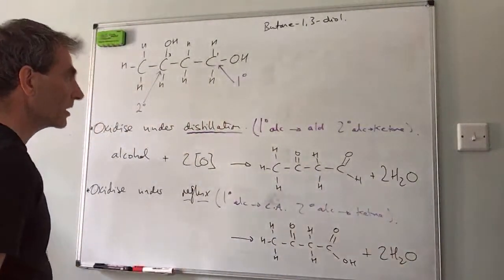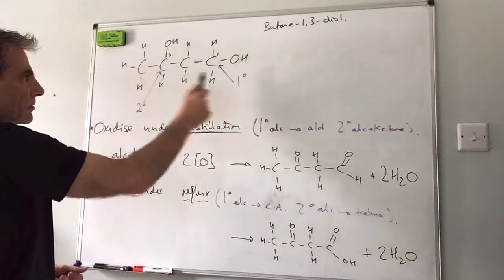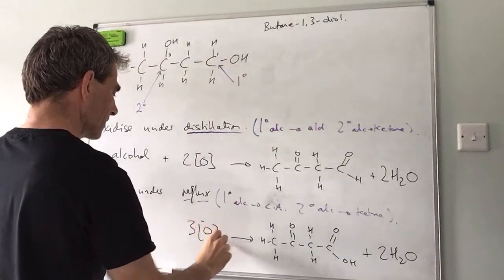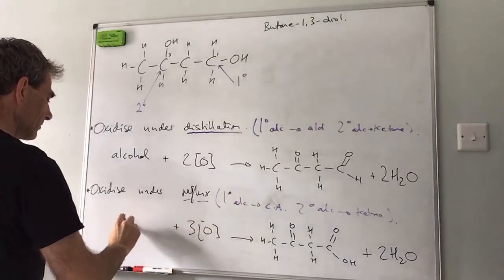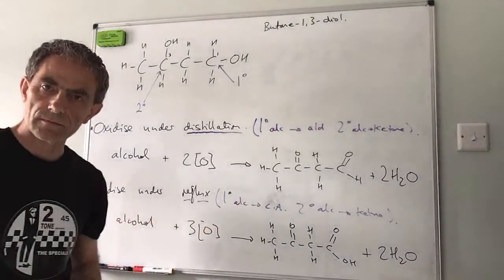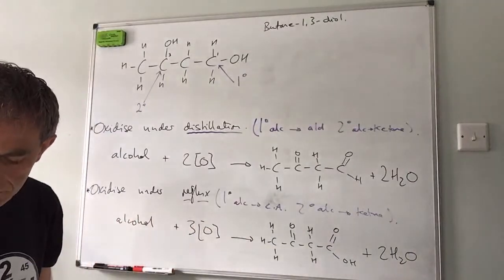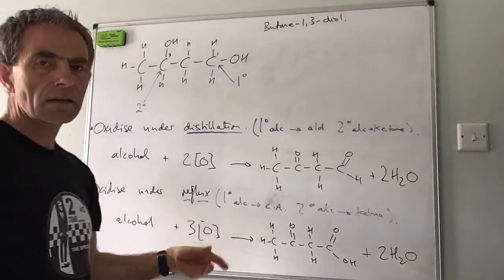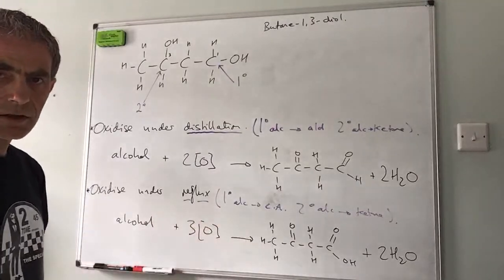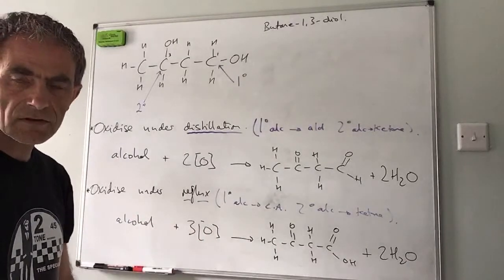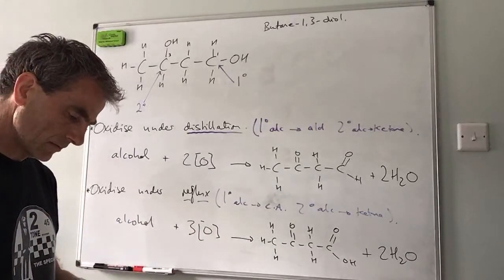How many oxidizing agents? 1 oxidation, 2, so 3 altogether, and alcohol. Try and spell it right this time. And that's that one, okay? Now, I know OCR asks questions like that. It's not your standard alcohol that you would have in your notes, but you just apply what's in your notes to get the answer.